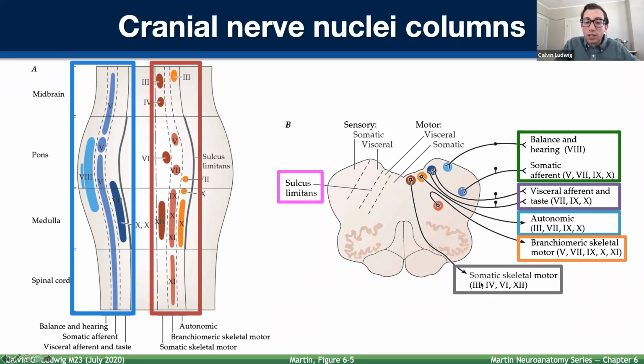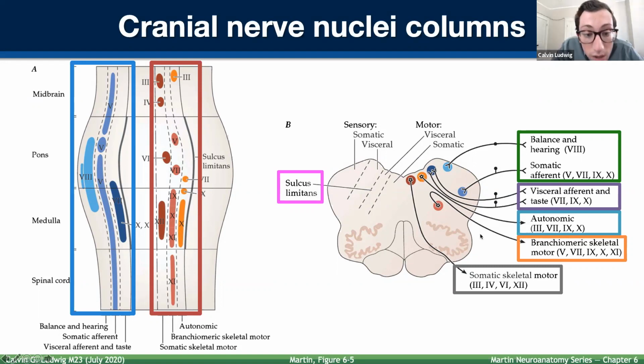Then the somatic skeletal motor neurons in gray, boxed in gray, are medial to the autonomic motor column, here again in teal. And then the branchiomeric motor column in orange contains the neurons that are located in the region of the reticular formation up here.